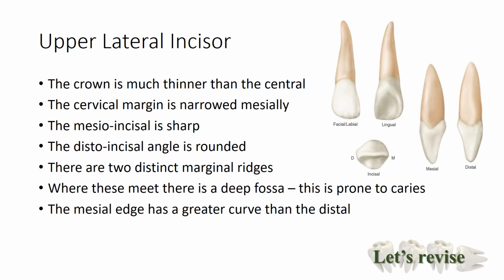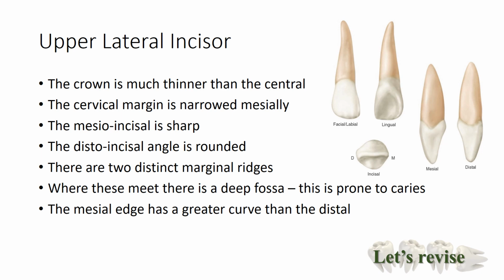When you get the laterals, they can start being a little bit more challenging, because the laterals are almost baby versions of the central incisors, and so that can make it very difficult to tell the difference, especially if you're presented with a tooth out of the mouth.